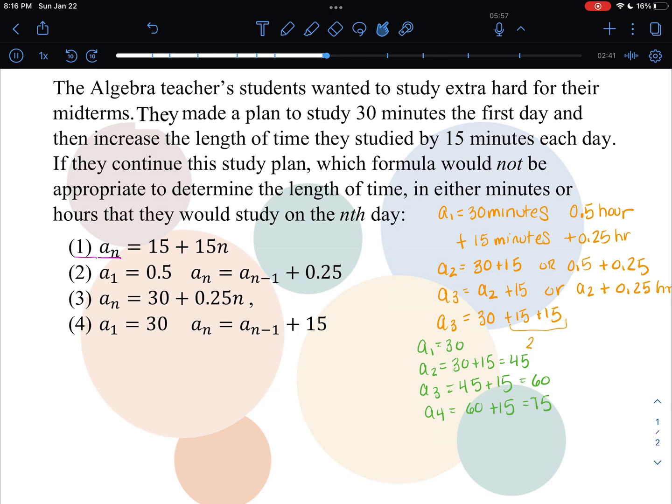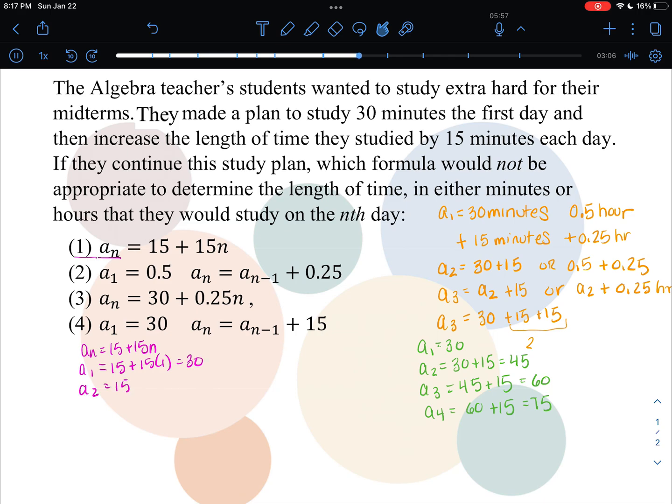So I'm going to look at answer number 1, and I'm going to see if it's following the pattern that I've figured out. Number 1 is saying AN equals 15 plus 15N. That means on day 1, it's going to be 15 plus 15 times 1, which is 30 minutes.